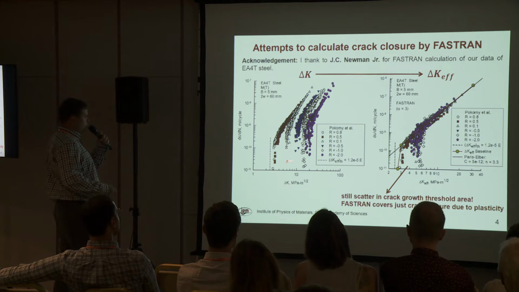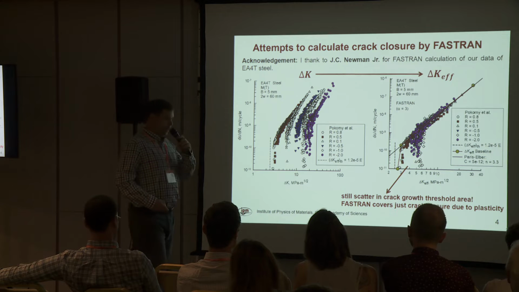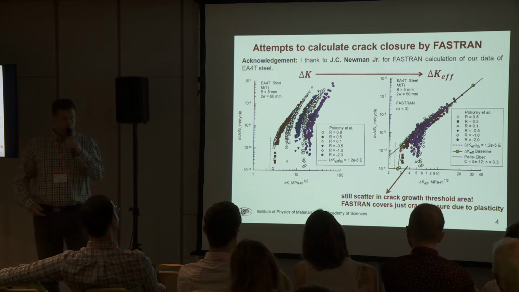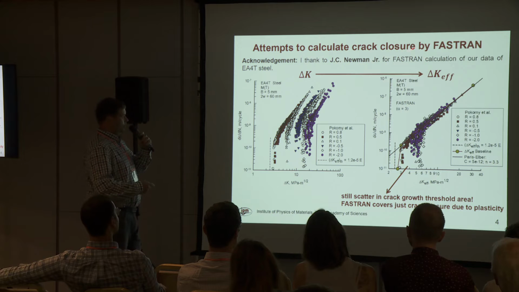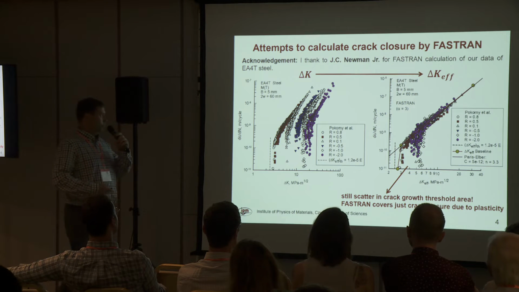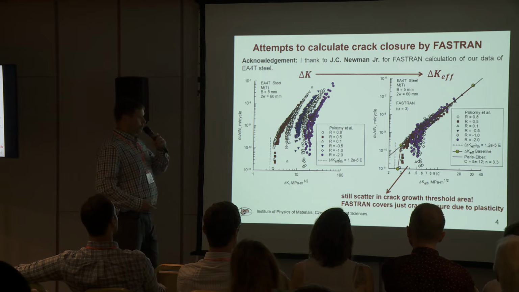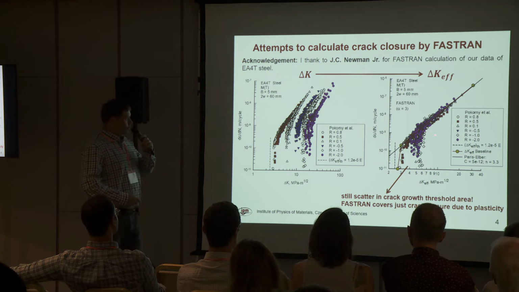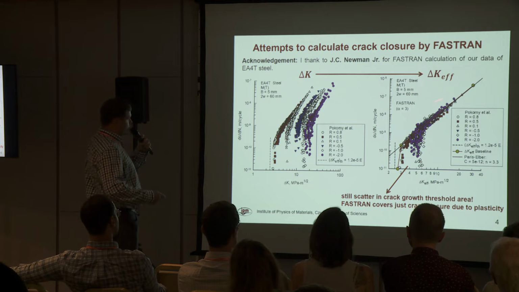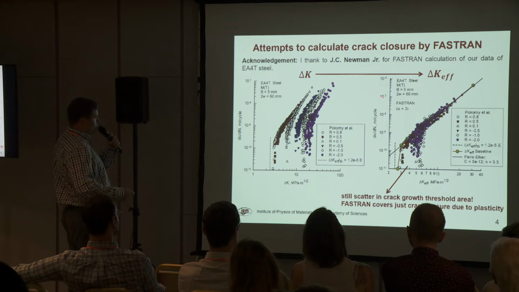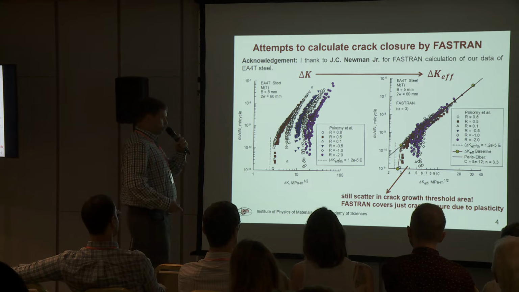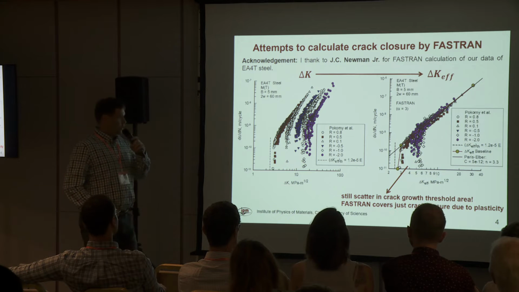And here are our data on the left, and I kindly asked Professor Newman from Mississippi State University, who developed the so-called FastRun code, which is, as I said, quite a respected code for evaluation of crack closure. Professor Newman provided this data, as you can see here on the right, where we have the crack propagation rate in dependence on the effective value of stress intensity factor range.